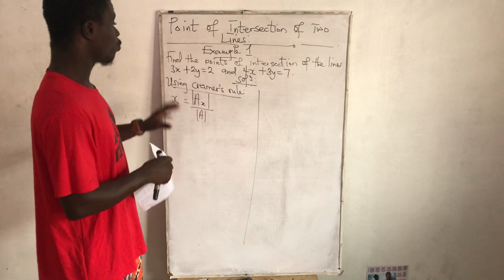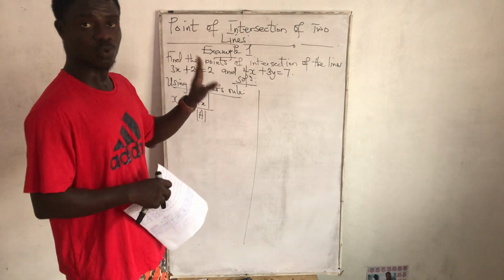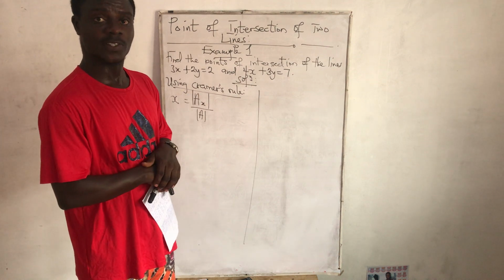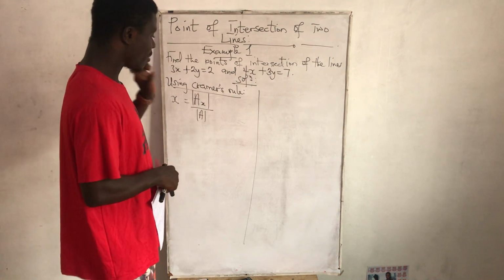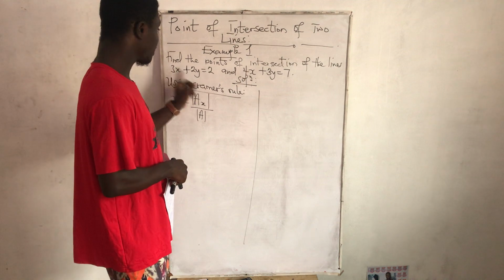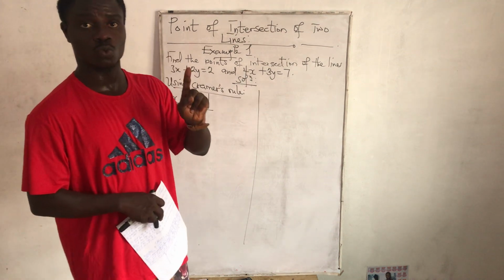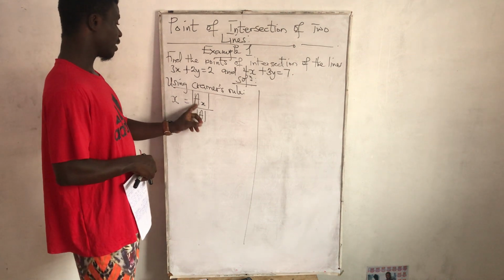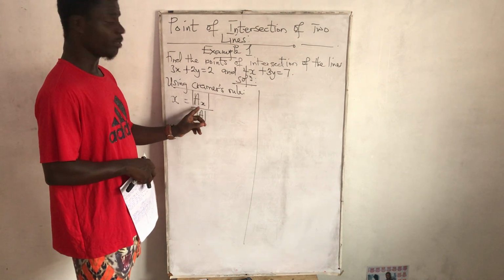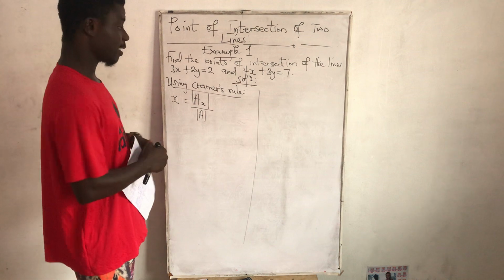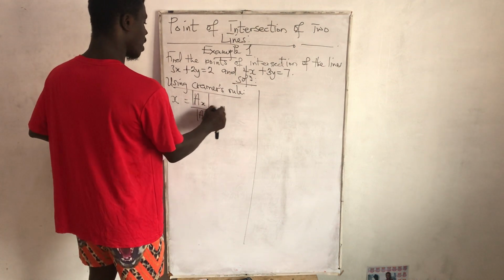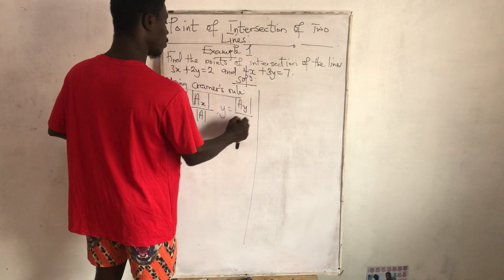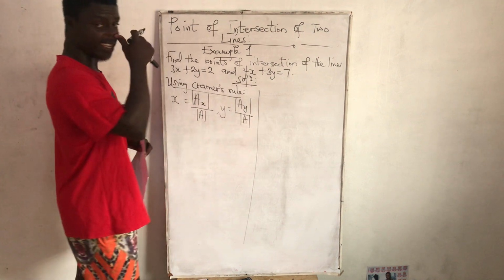The matrix we will deduce from these two equations will be our matrix A. So that's why I said x must be equal to the determinant of A_x all over the determinant of A. Then to find the value of y is the determinant of A_y all over the determinant of A. Right.